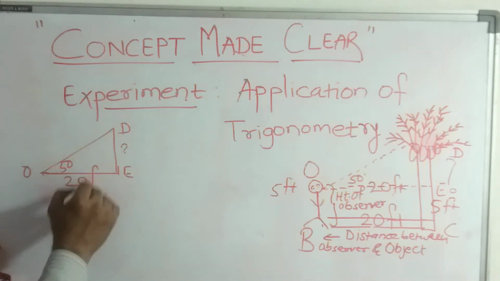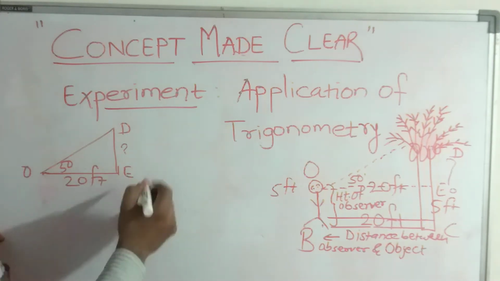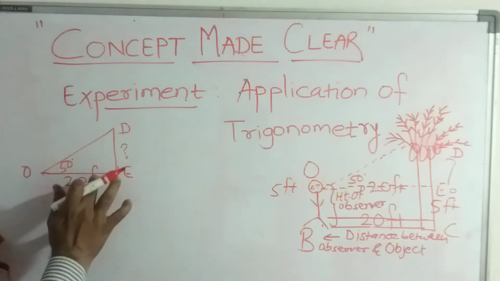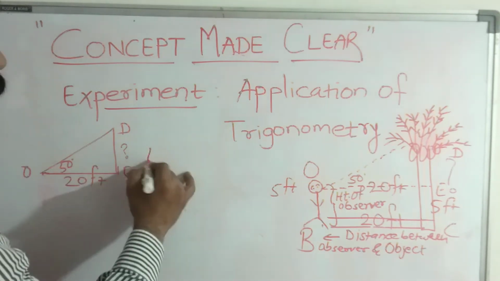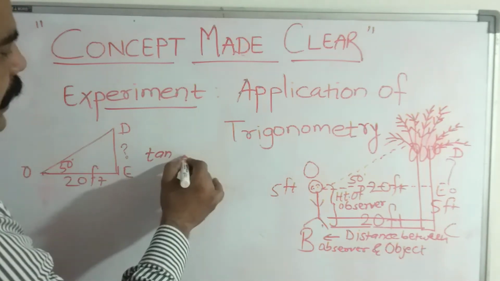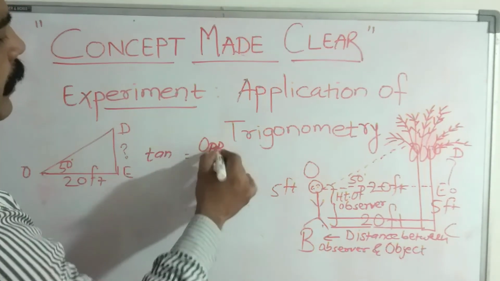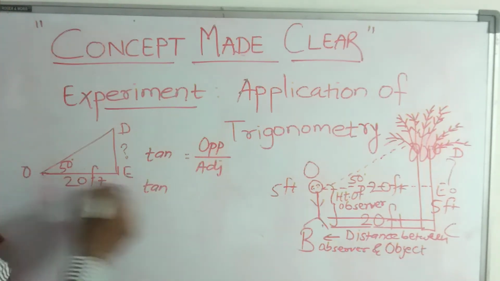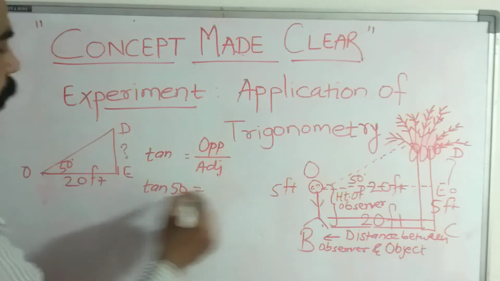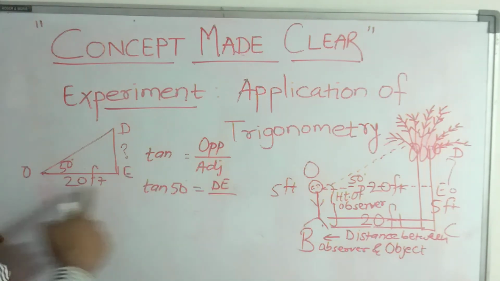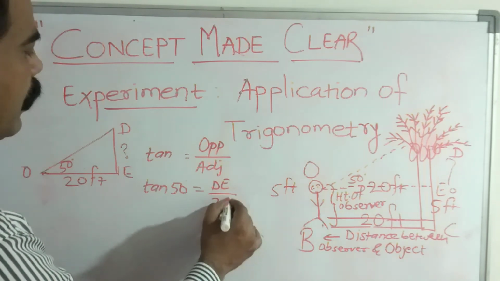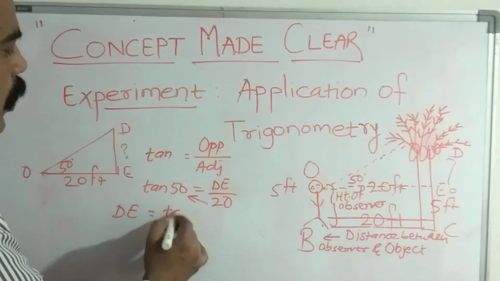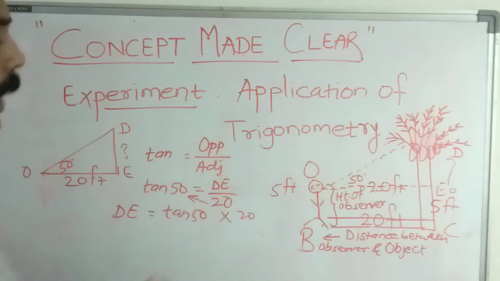This is 20 feet. This angle is given, the opposite side we have to find out, and the adjacent side is given. So we apply the formula tan equals opposite side upon adjacent side. Tan 50 degrees equals DE upon OE, where DE we don't know and OE is 20. Cross multiplying, DE equals tan 50 multiplied by 20.